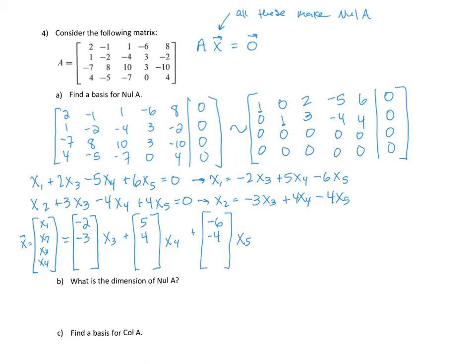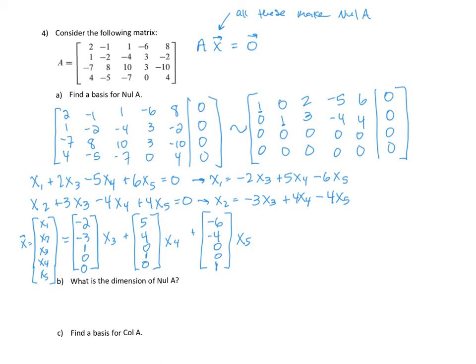Oh, sorry, there should be an x5 in the solution vector. Okay. x3 is free, so I need a 1 here and zeros in the other spots. x4 needs a 1, zeros in the other vectors. And then for x5, I put a 0 and a 1.